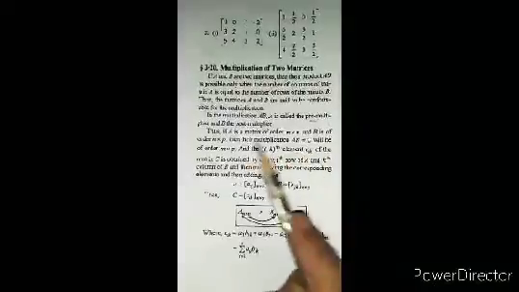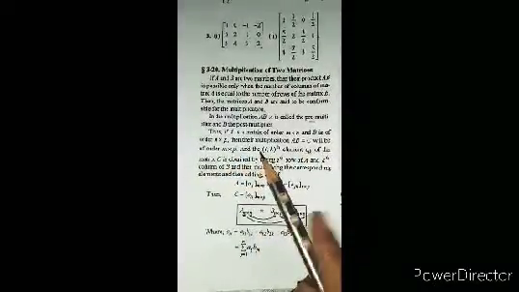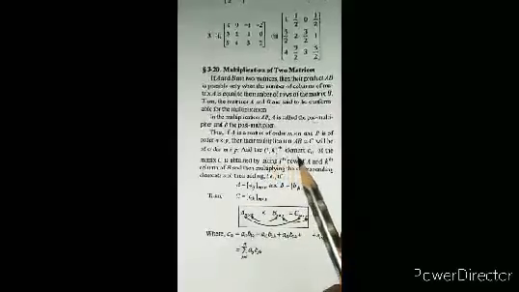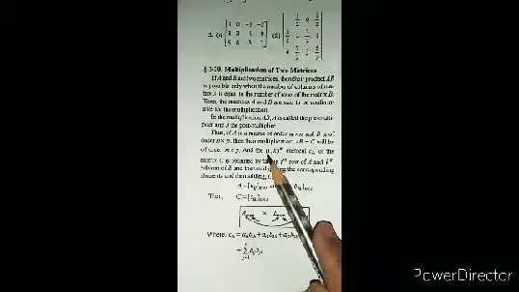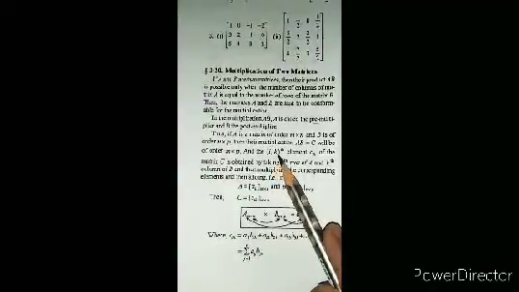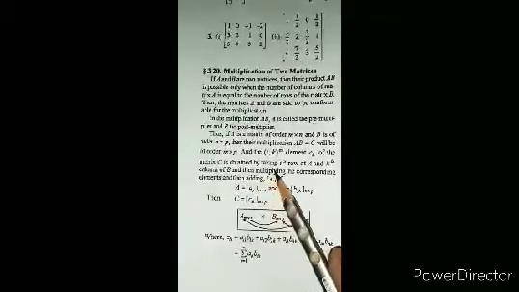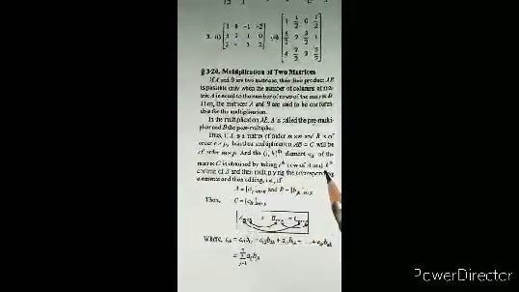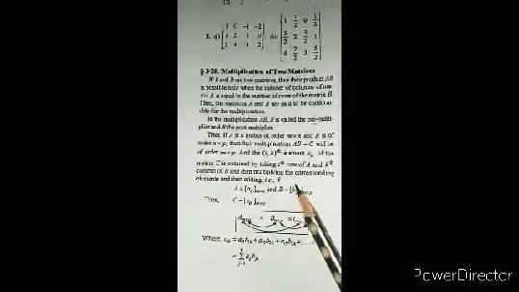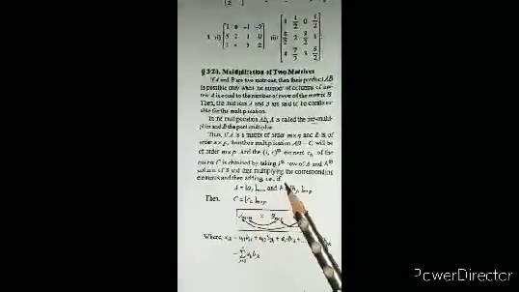C will be of order m by p, and the ikth element Cik of the matrix C is obtained by taking the ith row of A and the kth column of B, then multiplying the corresponding elements and then adding.